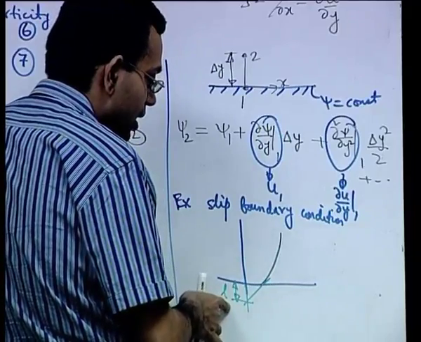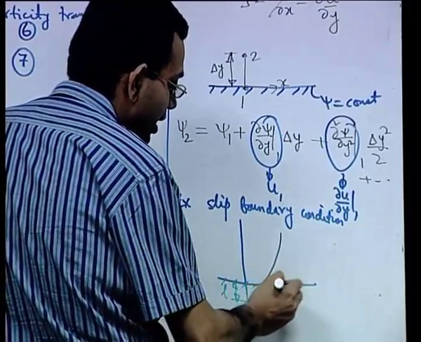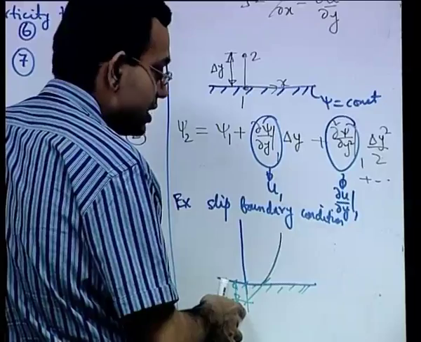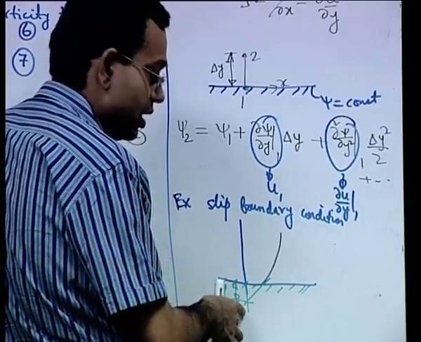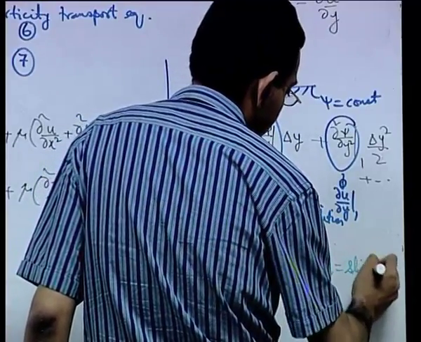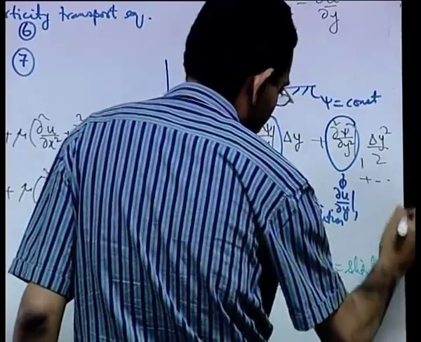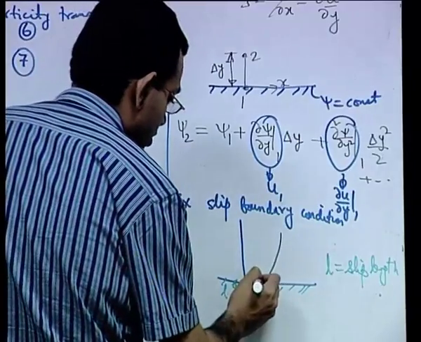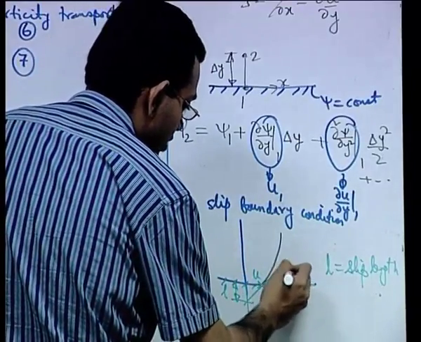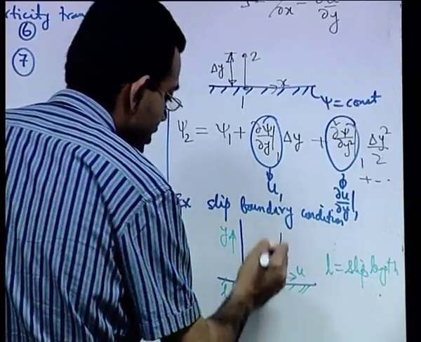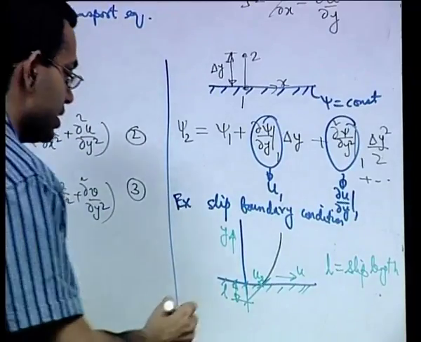So, as if the wall has been shifted by a length L, then that would have represented a no slip boundary condition. This L is called the slip length. So, this is u, this is y, this is the slip velocity at the wall, us.